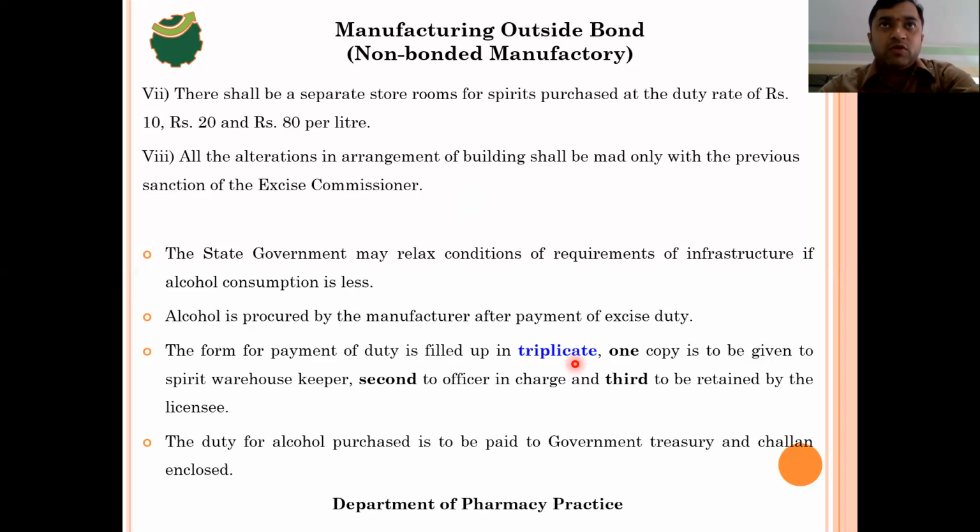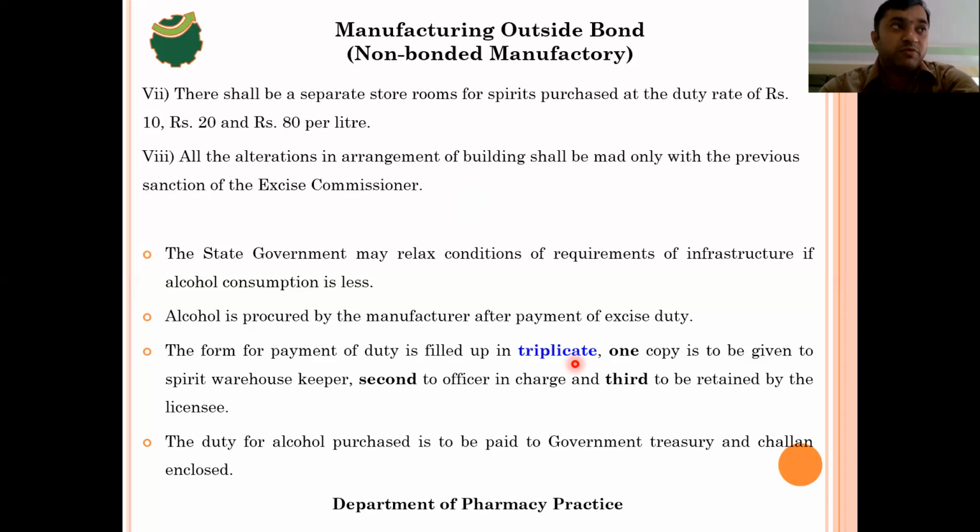So this is about your non-bonded laboratory. In this, only rectified spirit procurement will be separate. That is, for allopathic medicines containing alcohol which are not capable of being consumed as ordinary alcohol, the duty will be 10 rupees.